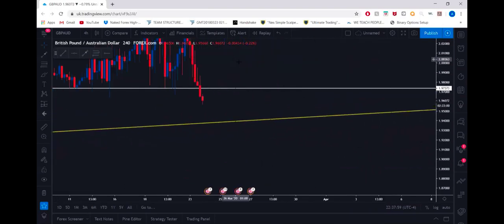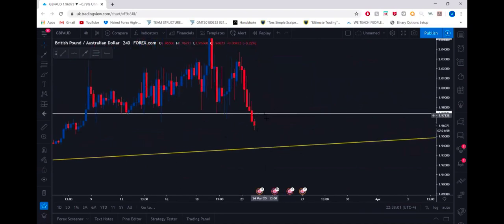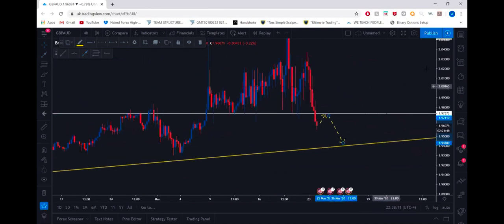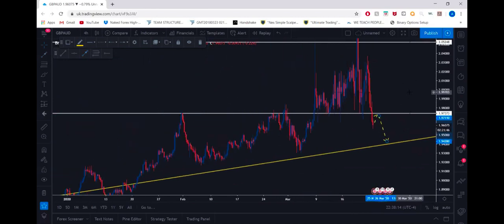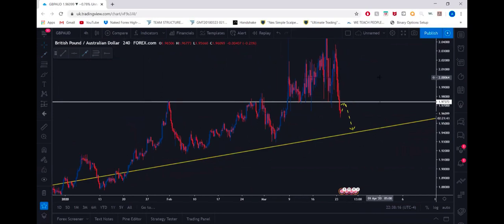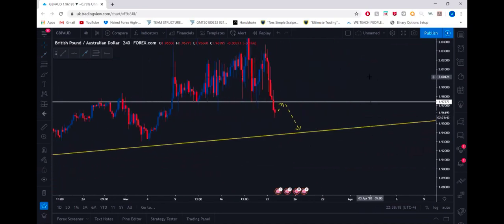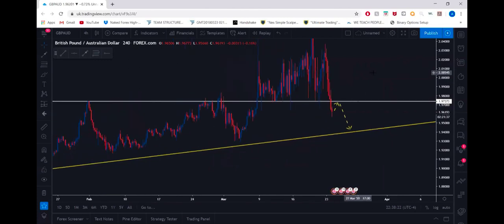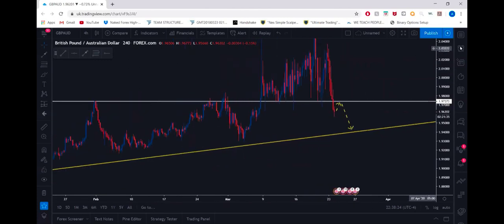We may get a break and retest, and maybe we can get into some sell for the London session, continue that momentum back towards that daily trend line, right? So we're just gonna be a little bit patient and wait to see some confirmation for us to take this trade.